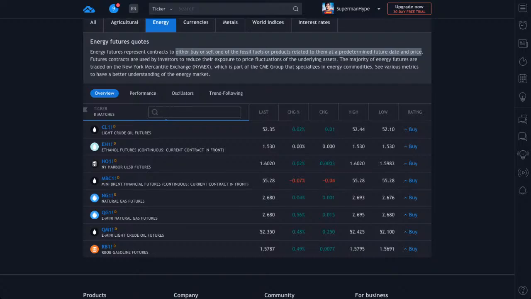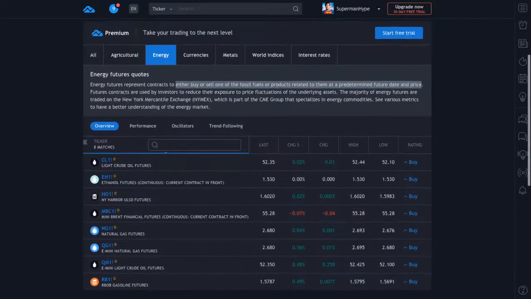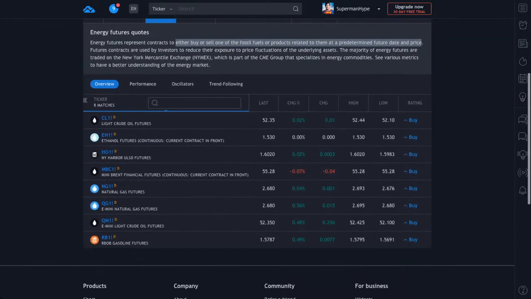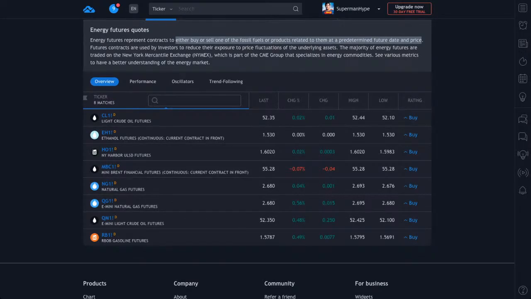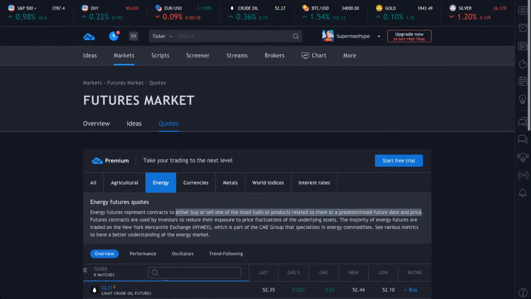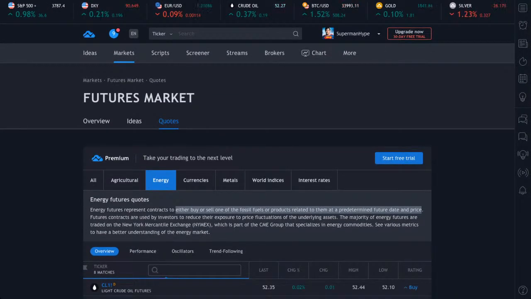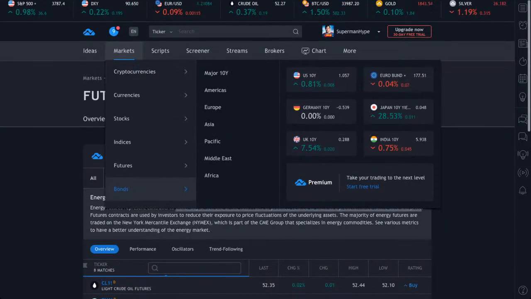But now with the pipeline shut down, a lot of Canadian oil will likely go to Chinese refineries, so a lot of these will probably be moving up or down in relation to that, and may or may not have priced that in yet. So these are some opportunities where you can ask how bad that policy is going to be and what it's going to do to prices, and you could then speculate on what that might be. So that's how you can do it. Pretty neat.